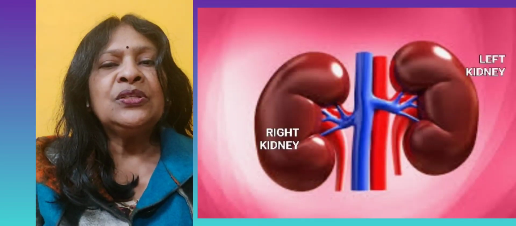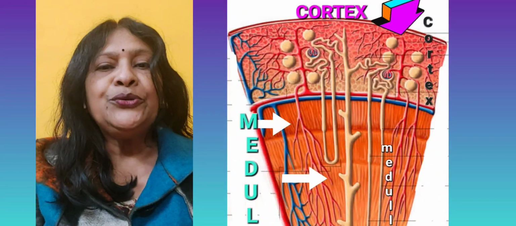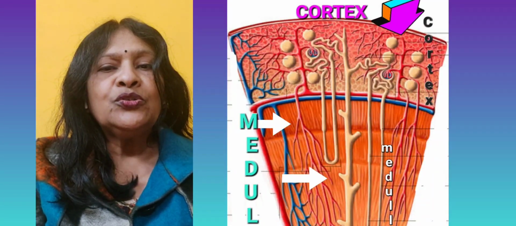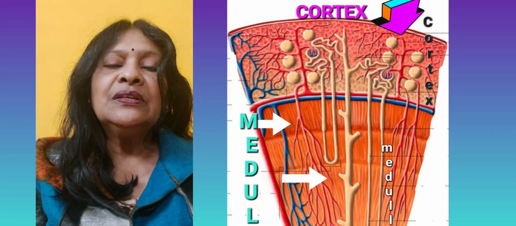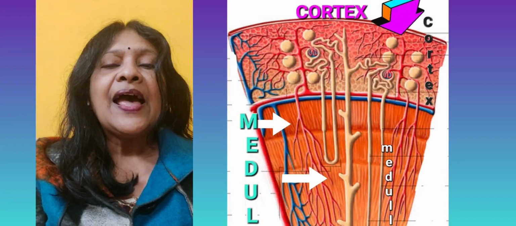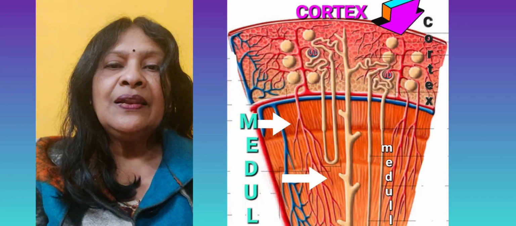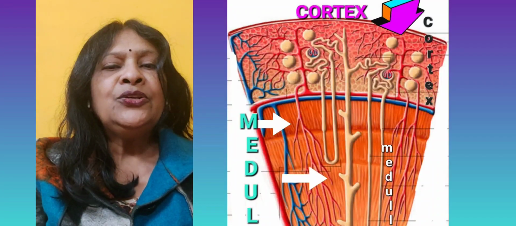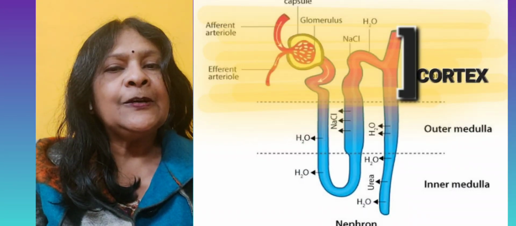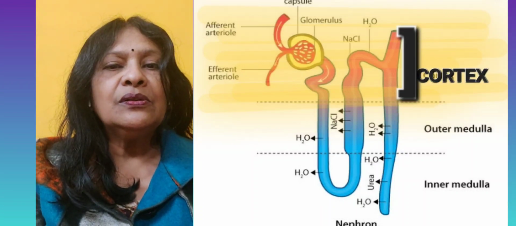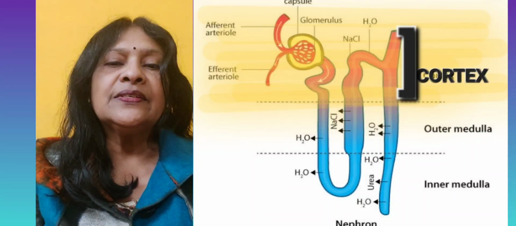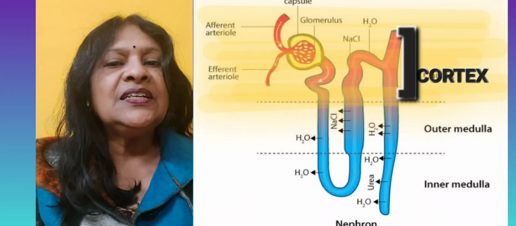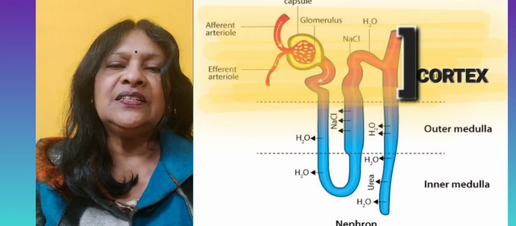Now coming to the cortex and the medulla. I spoke to you that the cortex looks darker and the medulla looks lighter in a section. But why? Into the cortex fits the Bowman's capsule, the glomerulus, the PCT and the DCT.